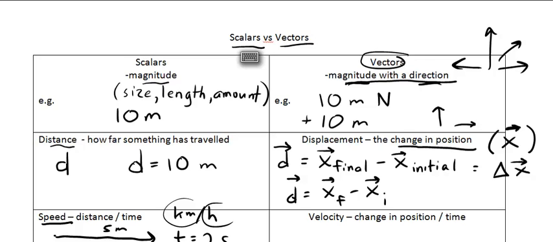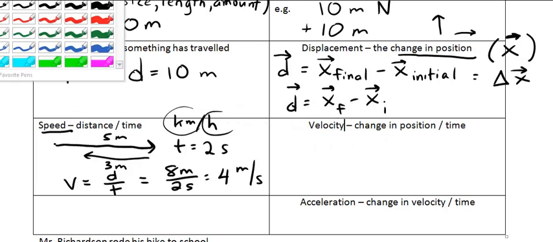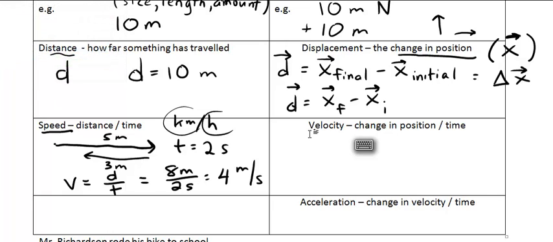But for the same object, let's describe the velocity. So velocity is a word that in everyday English, velocity and speed kind of mean the same thing.